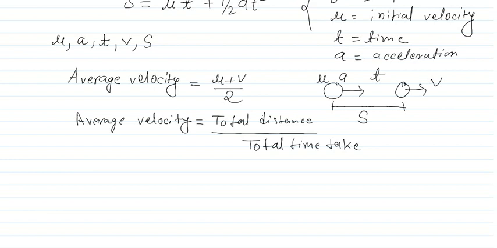Now the average velocity here is total distance upon total time. For this particular case, the total distance is s and total time is t. So this will be s upon t. Here is the average velocity.